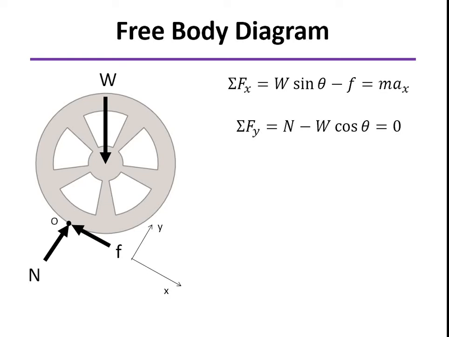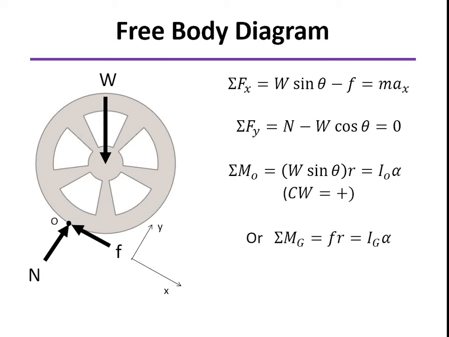We can take the sum of the moments about that instant center, which I've identified as point O there, and set those equal to the mass moment of inertia about an axis through point O times alpha. Or, if we prefer, we can take the sum of the moments about the center of the wheel, which is its center of mass, and in that case, the only force that's creating a moment is the friction force.